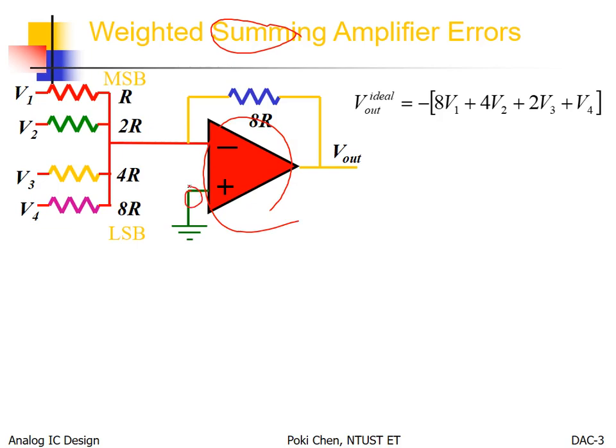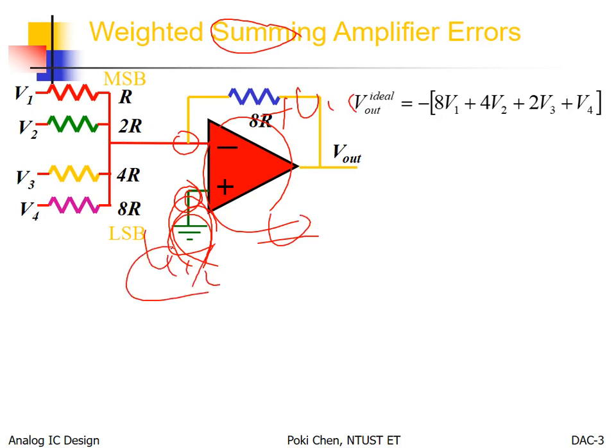Don't be confused: AC grounded. It is in the middle of your supply voltage. If you have positive and negative supplies, it will be grounded. Really DC grounded. But if not, usually that is in the middle, VCC and 0, that is half VCC. Anyway, I don't mind.